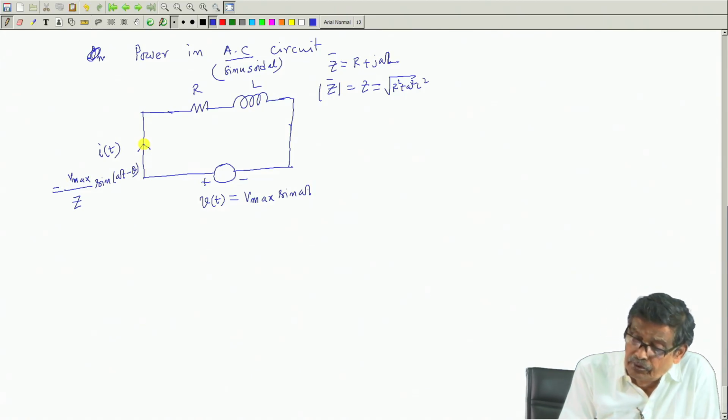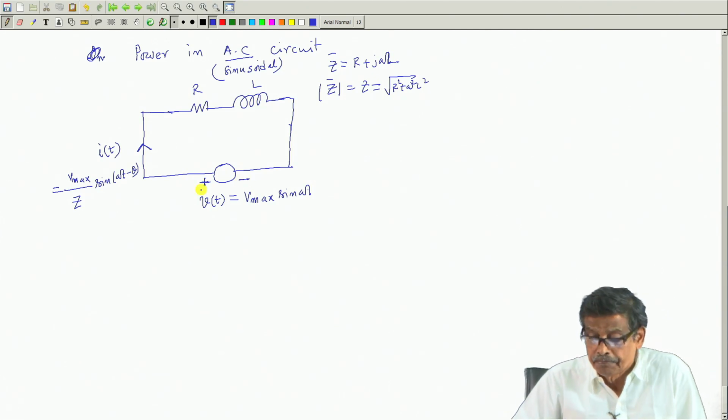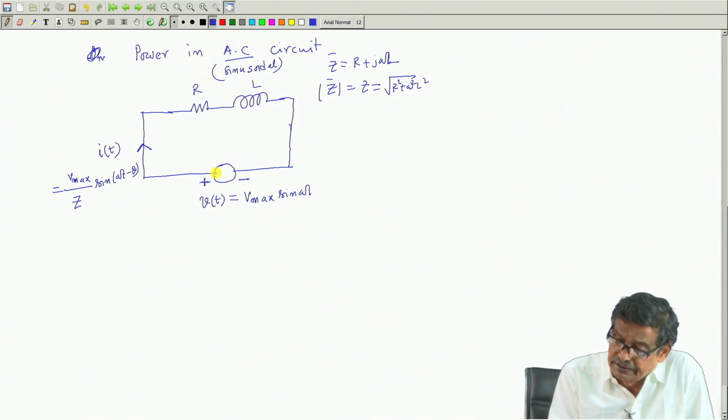Now, look at the direction of the current and polarity of the voltage that I have indicated here. We know that this source, this is the supply, has current flowing out from the positive of the supply.